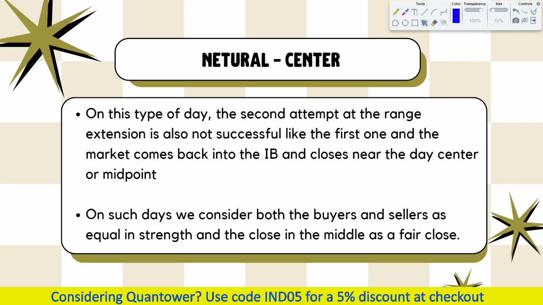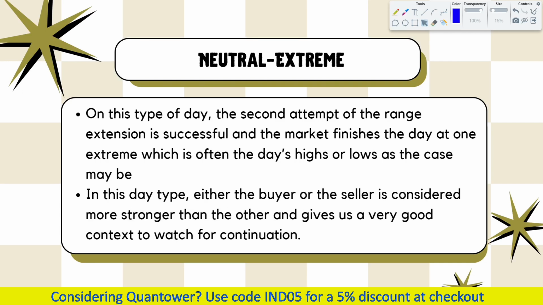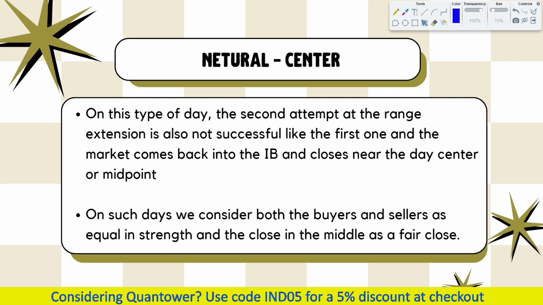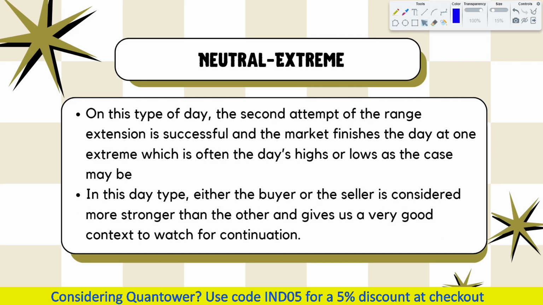So let's discuss the first variant, that is neutral center. And if you understand the neutral day, then it is very easy for you to understand the neutral center. And the one more variation is neutral extreme. So it's very simple. The center and extreme are identified by the closing.